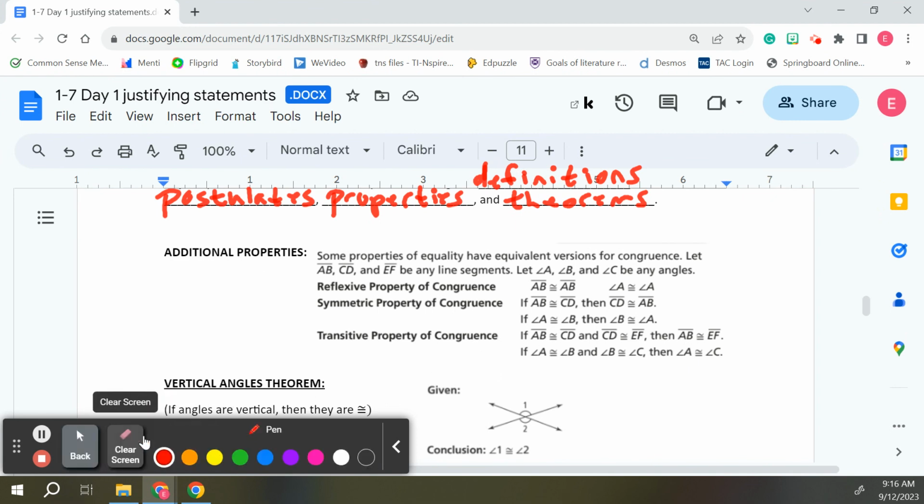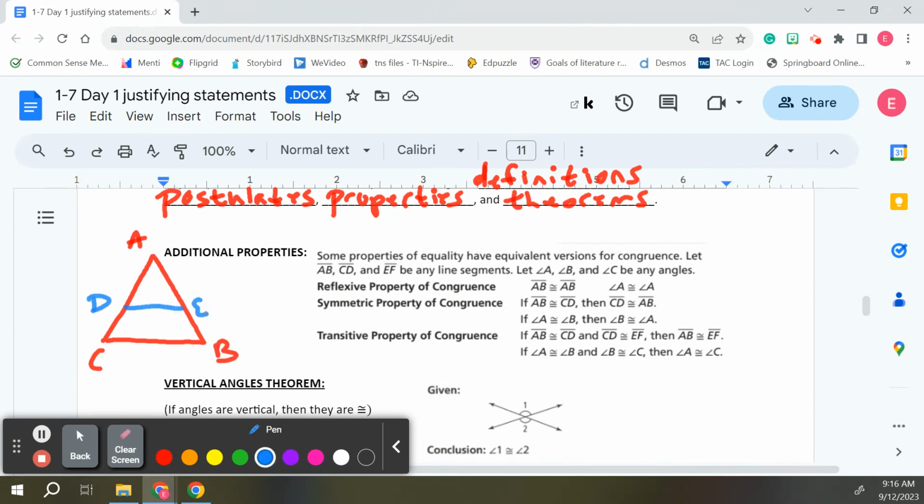Now, the reflexive property looks something like this. It could go a couple of different ways. Let's say we have a triangle. I'm going to call it A, B, C. We're going to add kind of a line right here. Here's D and here's E. If I wanted to prove something similar, congruent, whatever, I would state that A would be congruent to itself, because A is actually an angle for this triangle and this triangle.